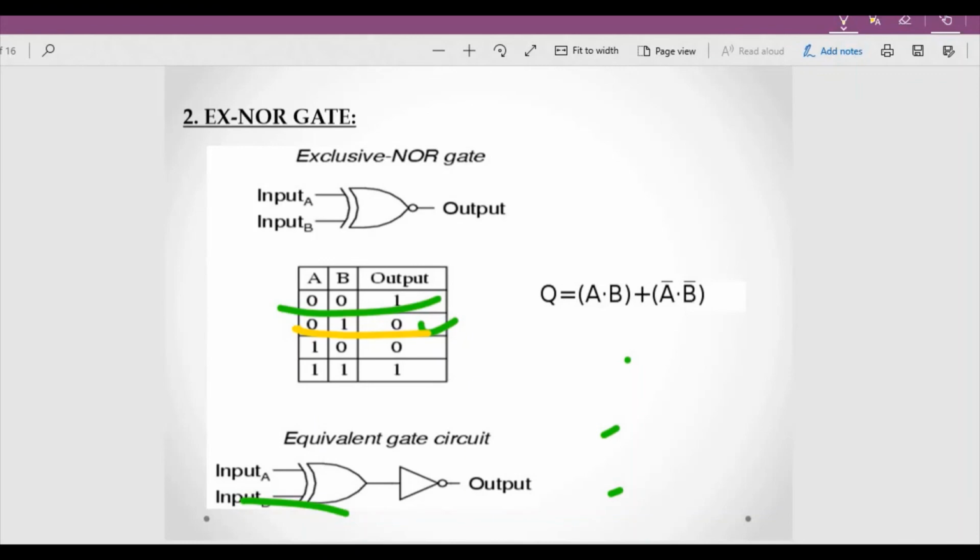So if a is 0 and b is 1, a complement would be 1 and b complement would be 0. So if we add, we will be getting 0 into 1 is 0, 1 into 0 is 0. Ultimately, you would be getting 0.